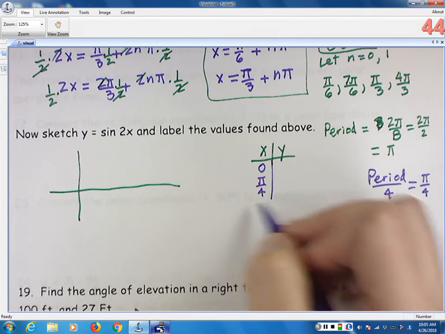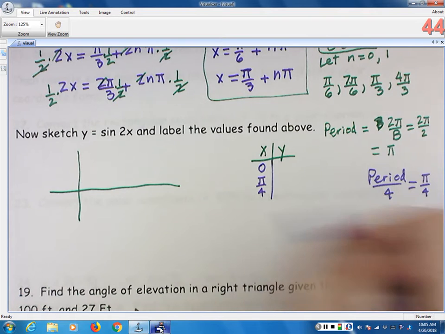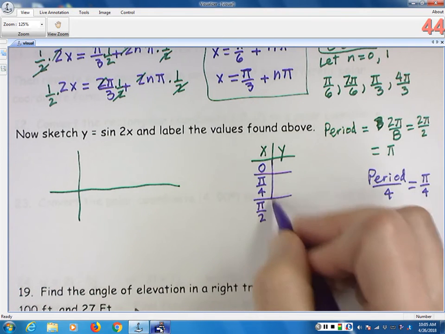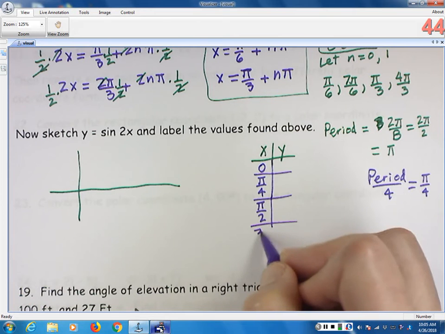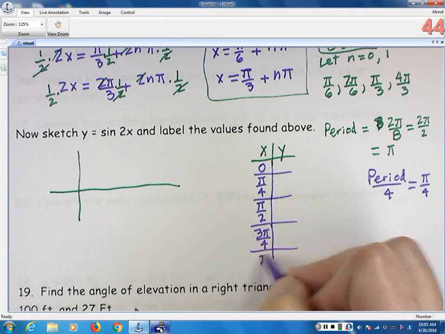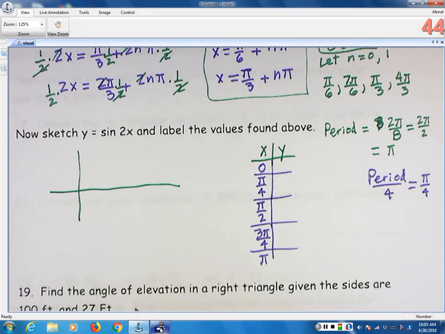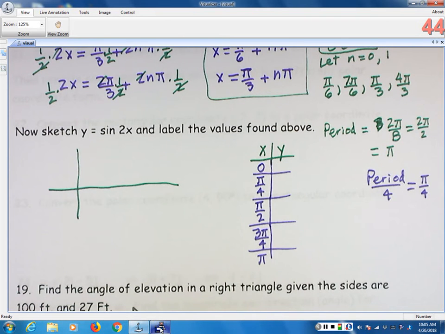Then you add pi over 4 again. Then you add another pi over 4. And then you add another pi over 4. So this had no phase shift, so you're starting at 0. These are the 5 key points.